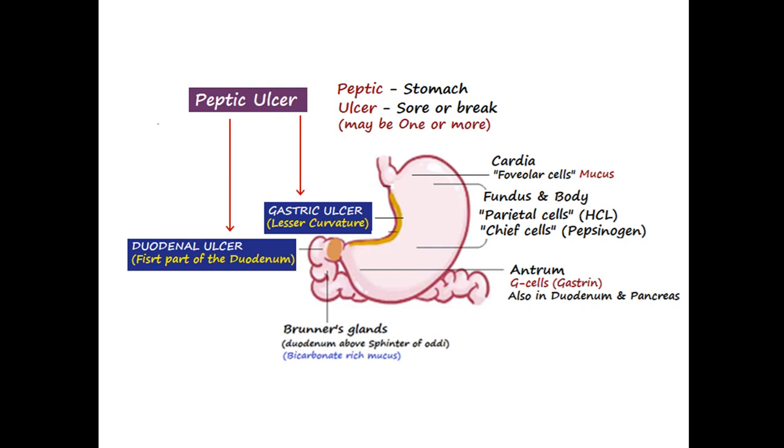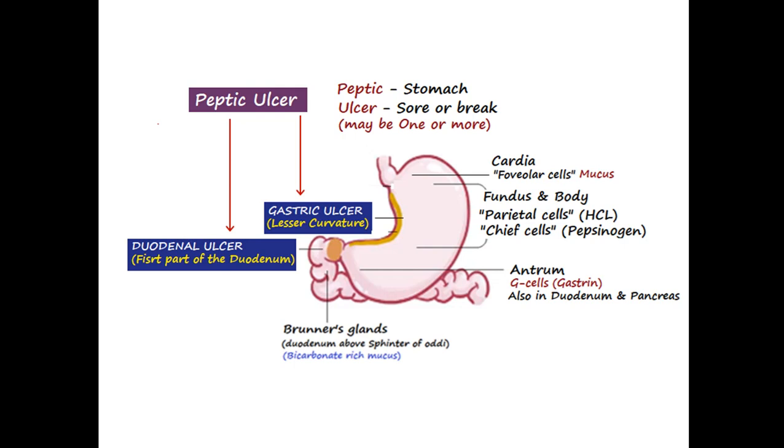If it affects the gastric mucosa, it is known as the gastric ulcer. And when it affects the duodenum, it is then called the duodenal ulcer.